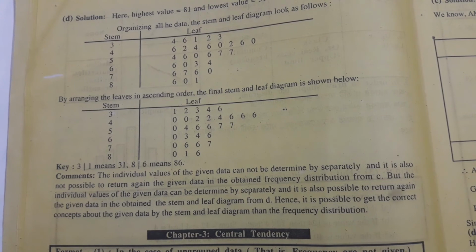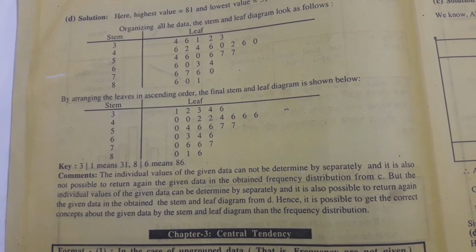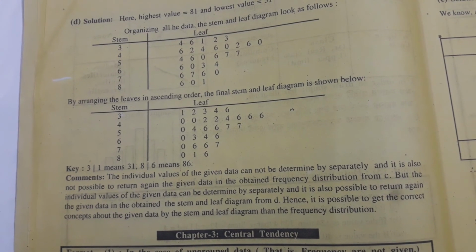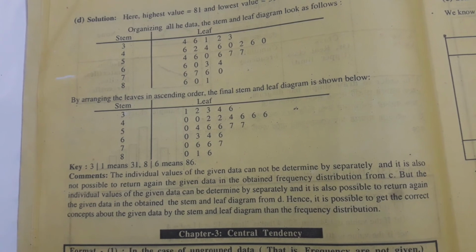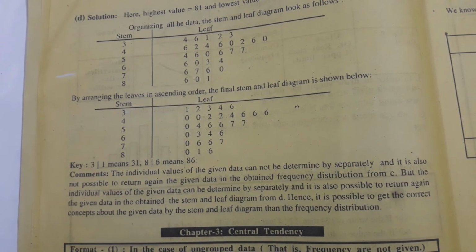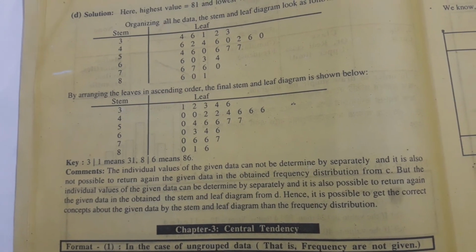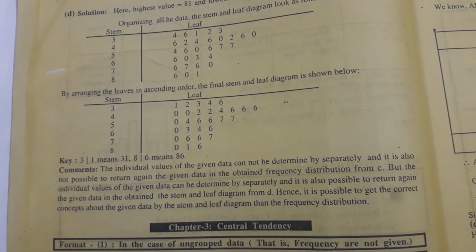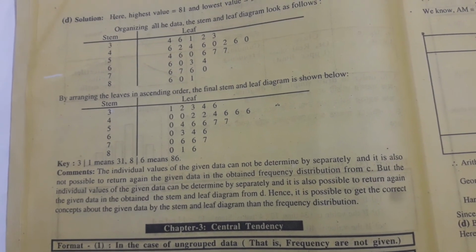Stem 8: 0, 1, 6. 3 stem and 1 leaf means 31. 8 stem and 6 leaf means 86.